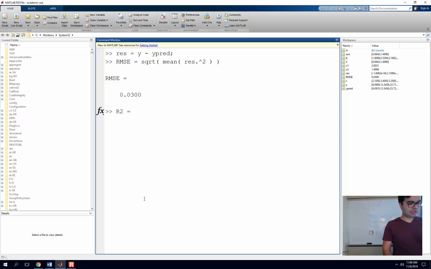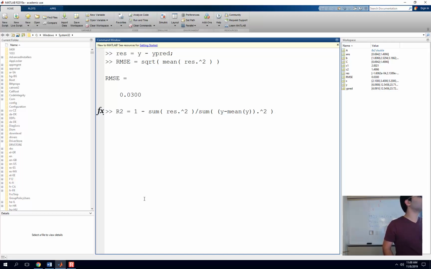R2 is 1 minus sum of residual squared divided by sum of y minus mean of y squared. That's the definition of R squared. 1 minus sum of residual squared divided by sum of y minus mean of y squared.